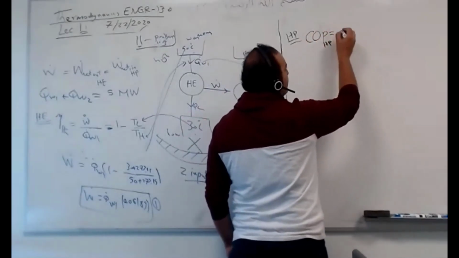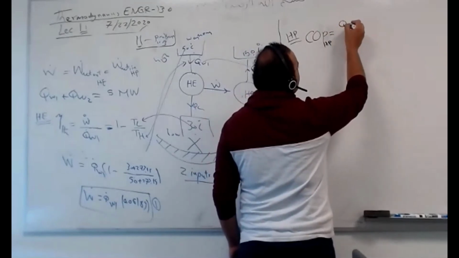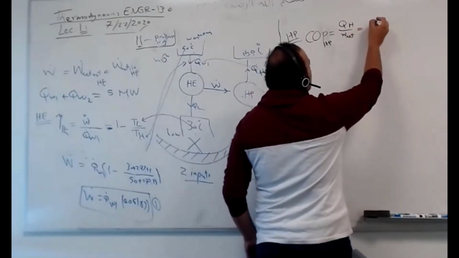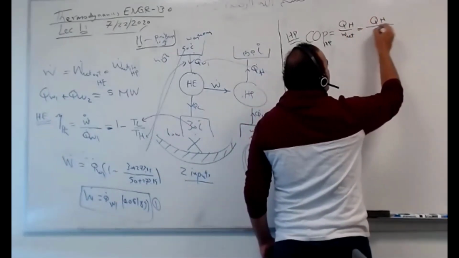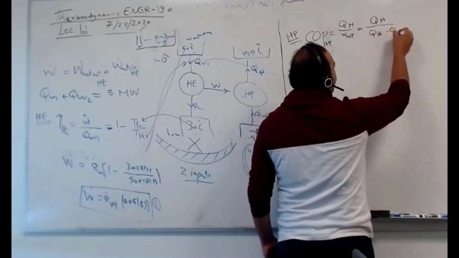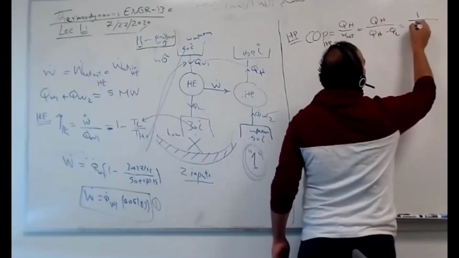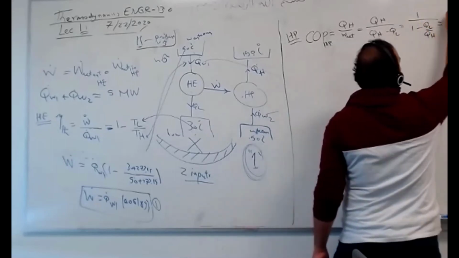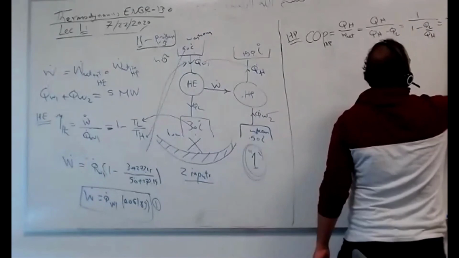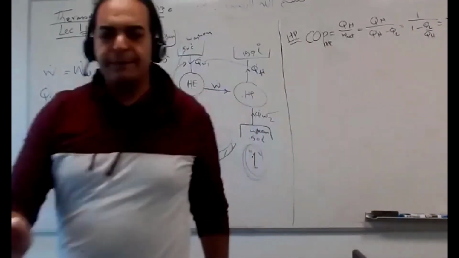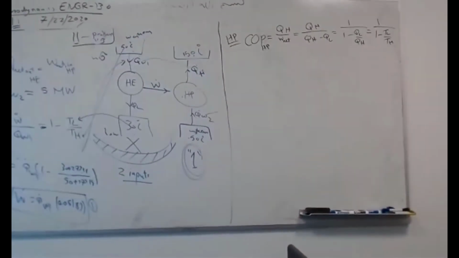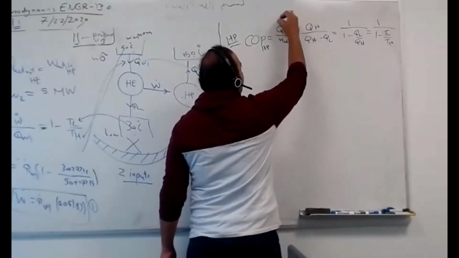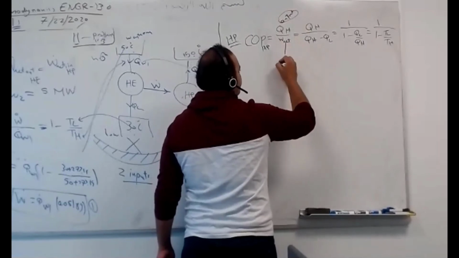For the heat pump, generally, it's output, for example, Q high over W net, which is Q high over Q high minus Q low, equal 1 over 1 minus Q low over Q high, or 1 over 1 minus T low over T high. So here we said before, the heat pump is output over input, the COP, correct?